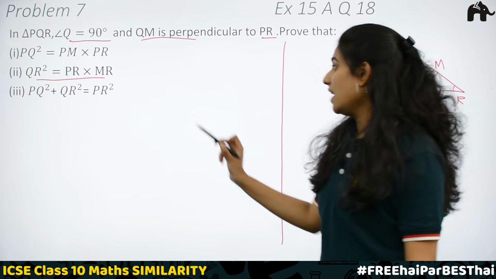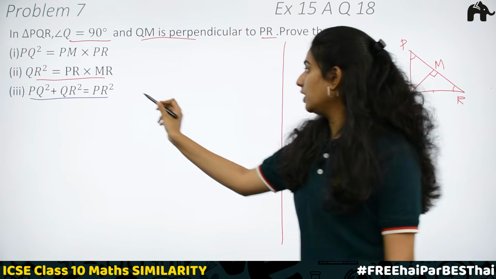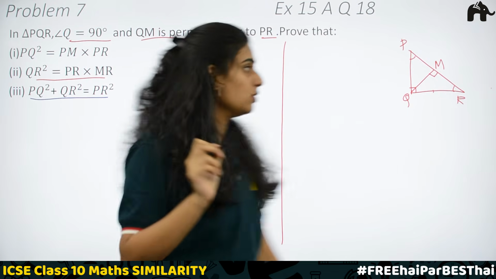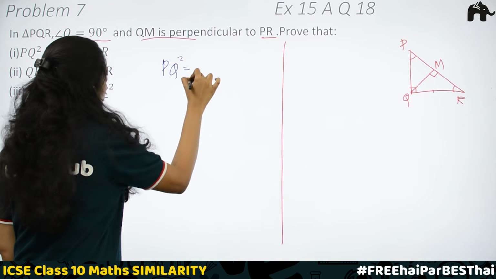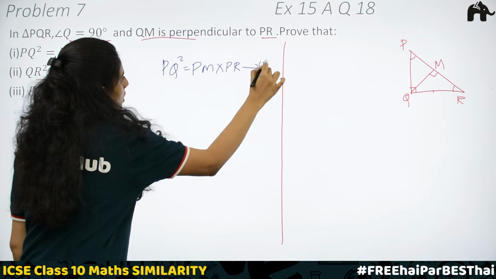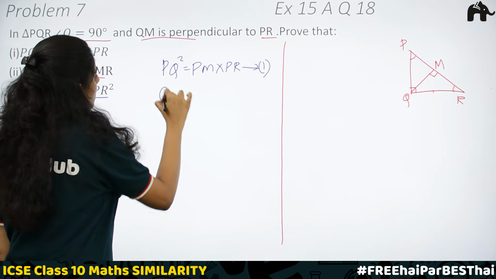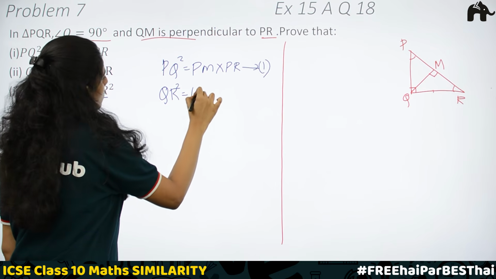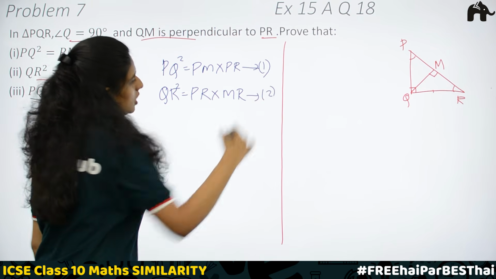Now the third part, we have to show PQ square plus QR square is equal to PR square. From the first question, we have shown that PQ square is equal to PM into PR. Let us take this as equation 1. From the second, we have shown QR square is equal to PR into MR. This is our equation 2.